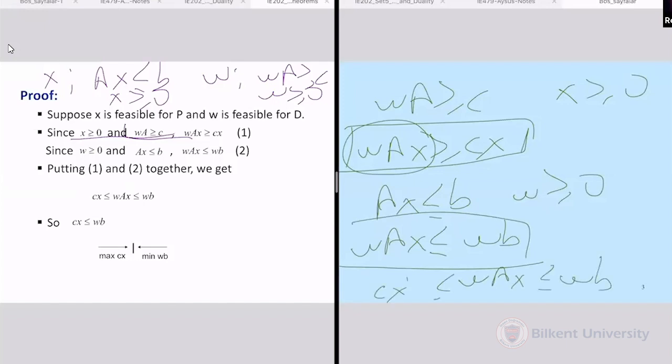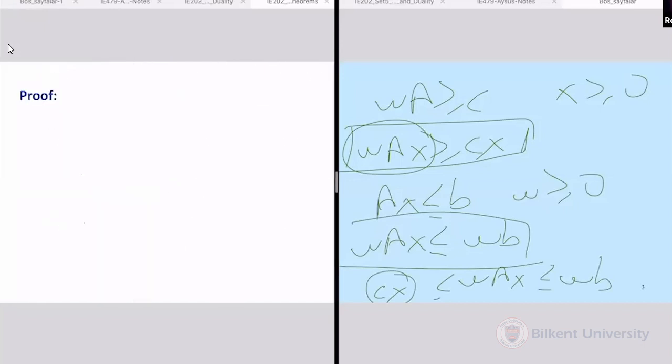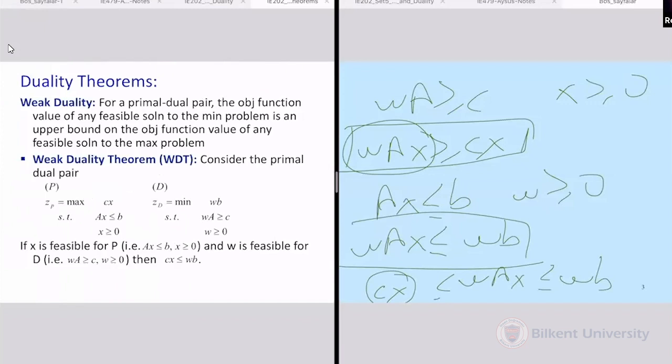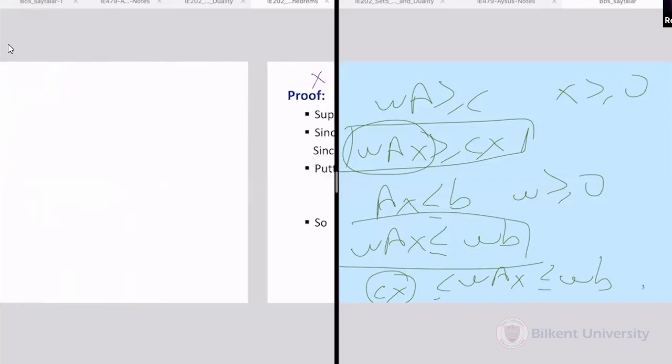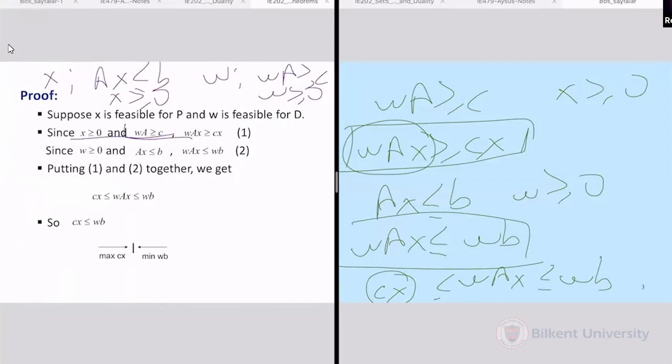What is CX? CX is the objective function of my primal. What was my primal? Max. I'm the one maximizing. So this is how we can remember: the one I'm minimizing will always come up with values larger, and the one I'm maximizing will always come up with values less, all right?